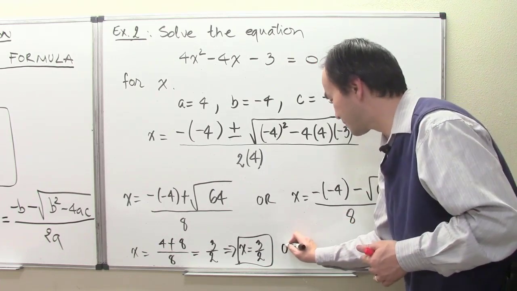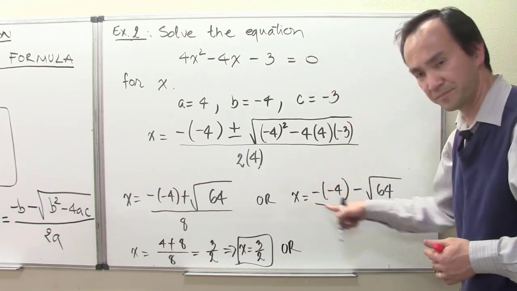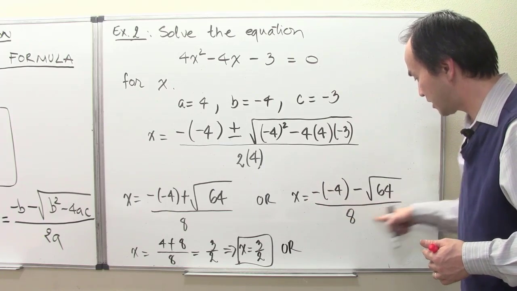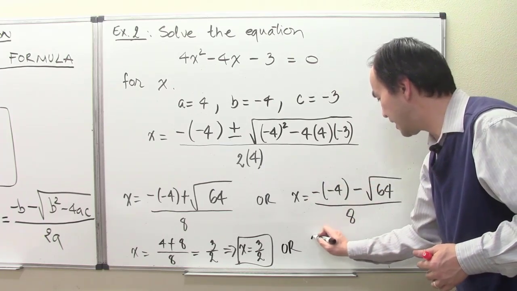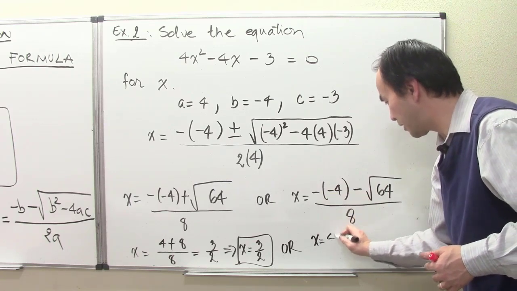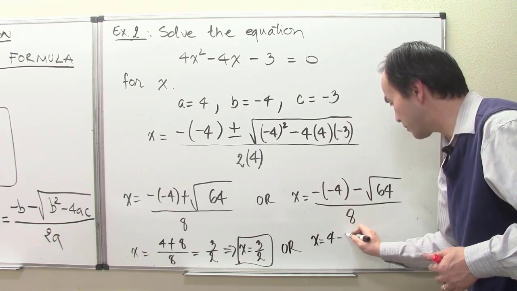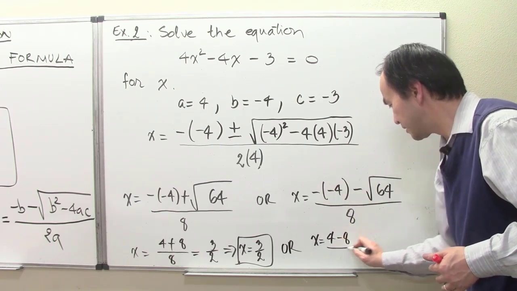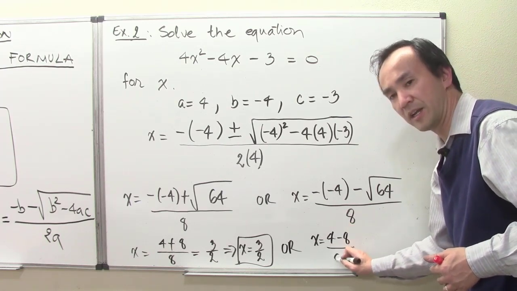Or, on the other hand, this computation comes out x equals minus negative 4, making it 4, minus the square root of 64, which is 8, so 4 minus 8 divided by 8.